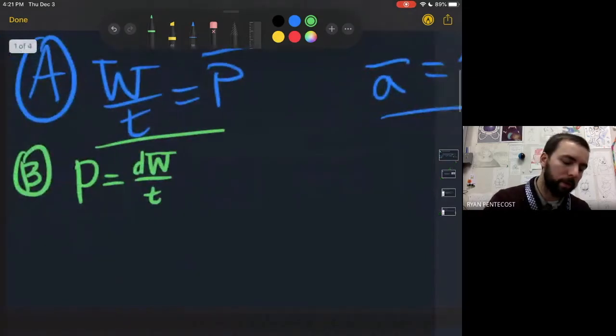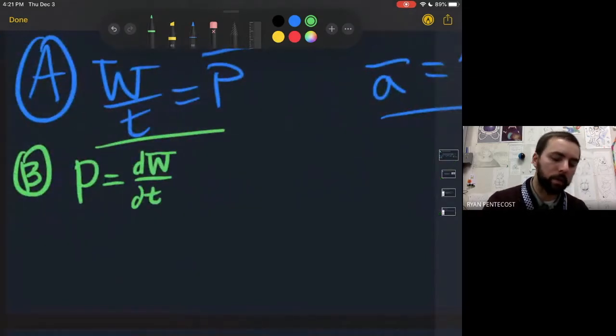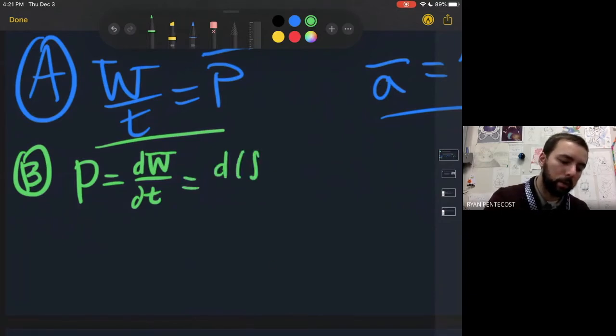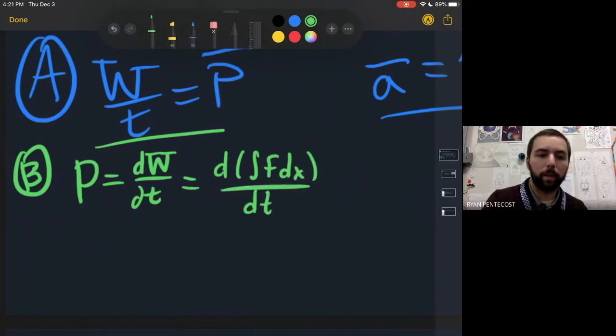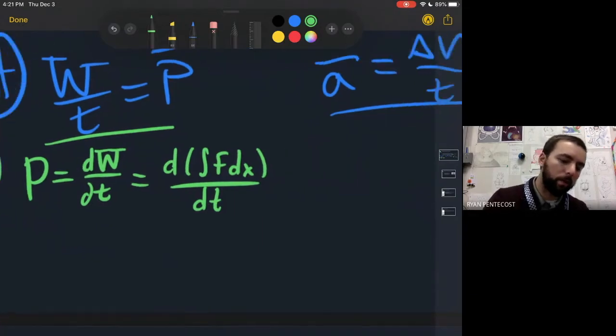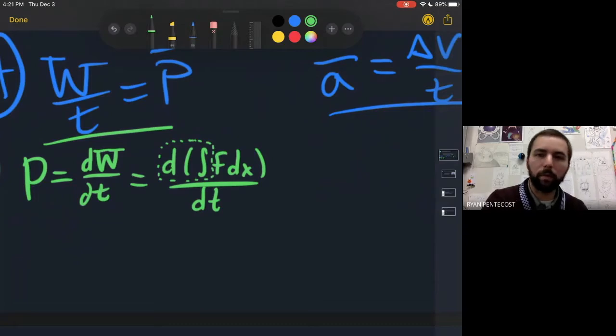So we've got dW over dt. Now, if we say that work is the integral of force with respect to distance, we'll divide that by time. Now, derivative and integral: if you take the derivative of an integral, that's just going to cancel out.